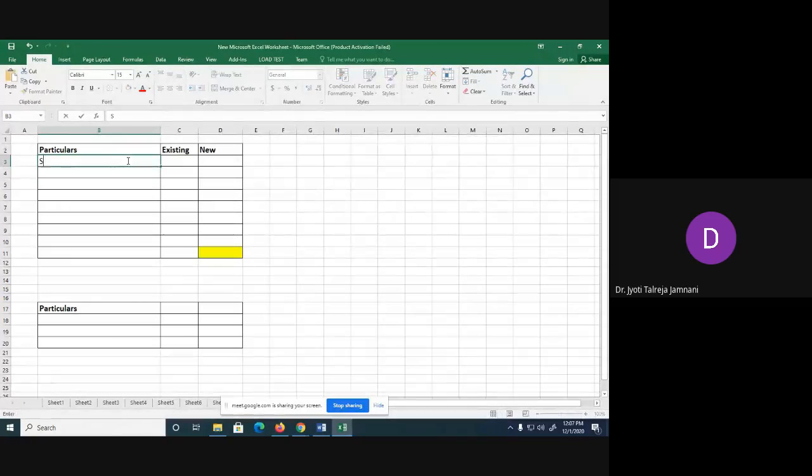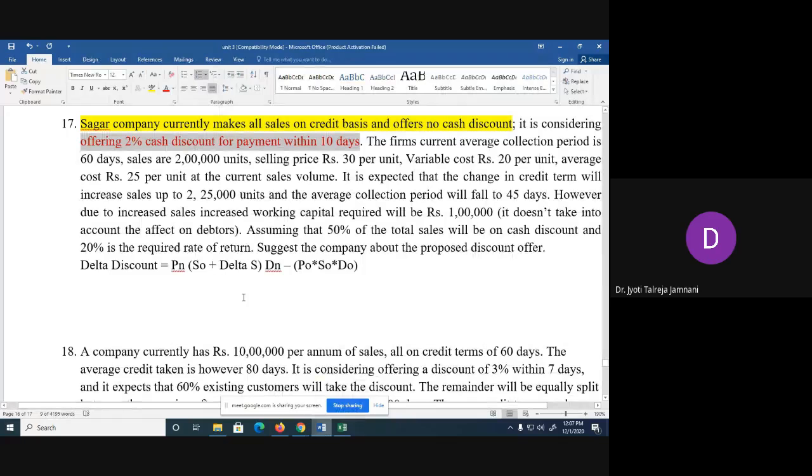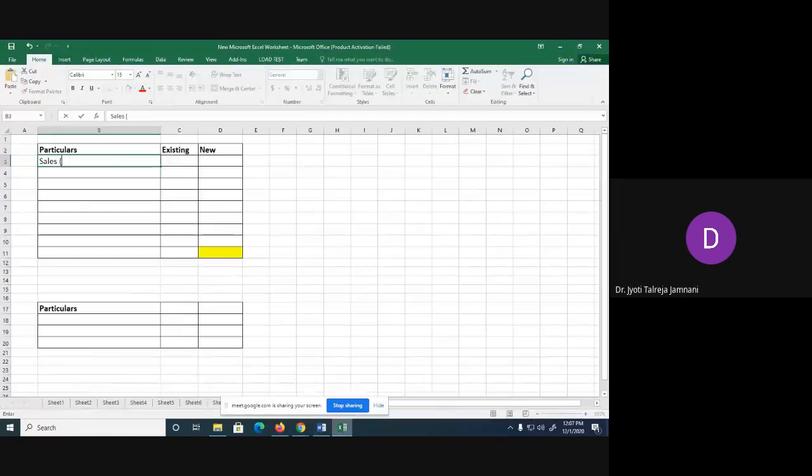So as we start with sales always, we'll write as sales. Existing sales are 2 lakh units and the selling price is 30 per unit. So for existing, we'll do 2 lakh into 30. That comes to 60 lakhs.